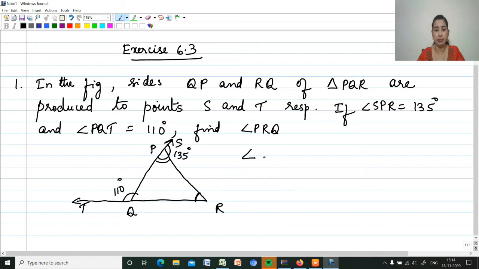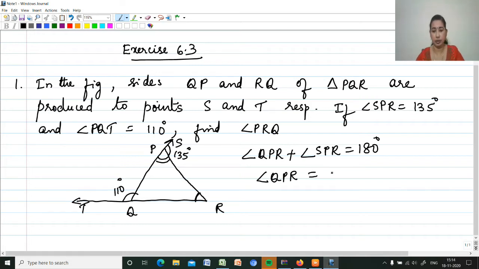So angle QPR plus angle SPR sum is equal to 180, or we can write angle QPR is equal to 180 minus 135 degrees, that is equal to 45 degrees. So this angle we got as 45, that we'll write with some other color. This is 45 degrees. Now how much will this angle be?